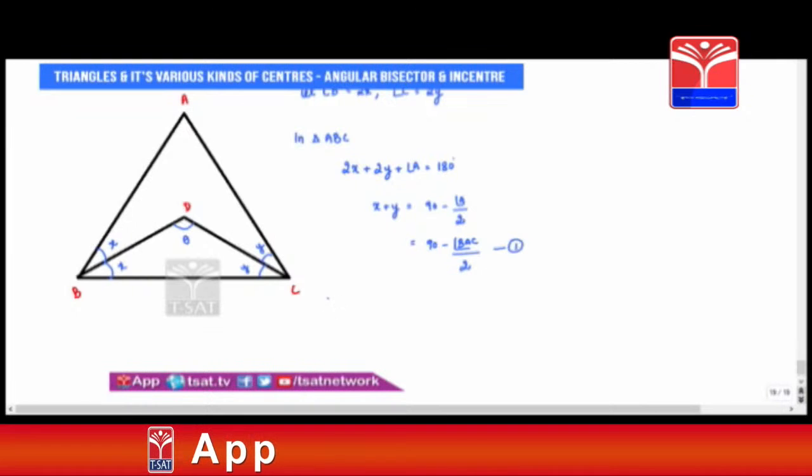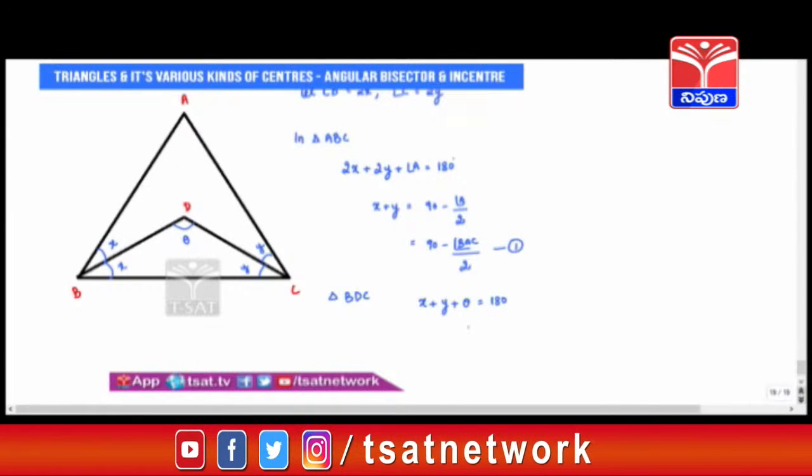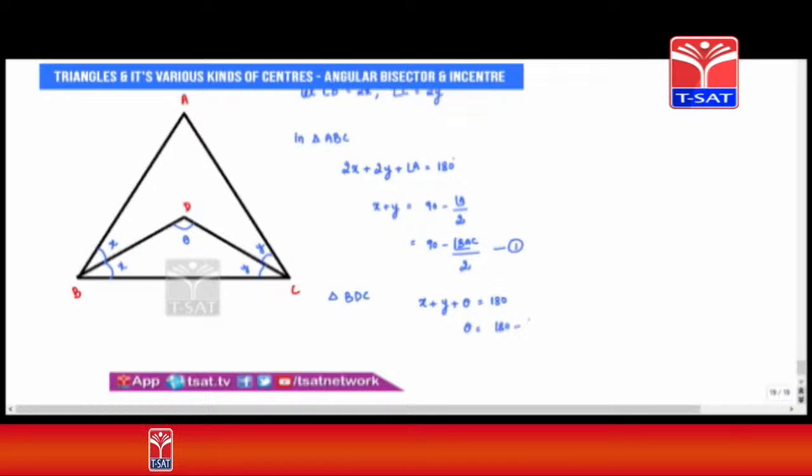Now, consider triangle BDC. In BDC, x plus y plus theta is equal to 180. Theta is equal to 180 minus (x plus y). If you substitute x plus y here, 180 minus 90 becomes 90 degrees.